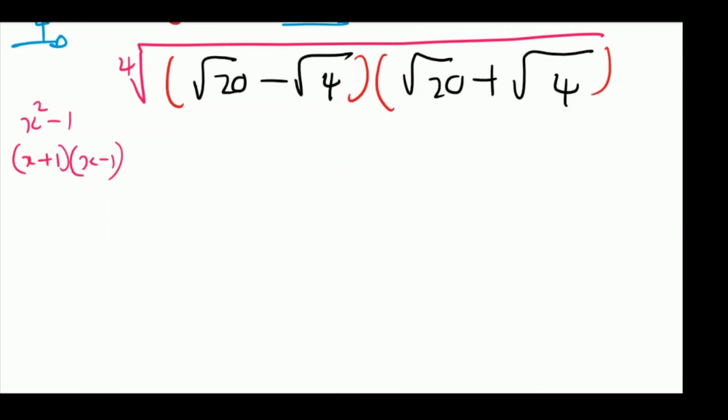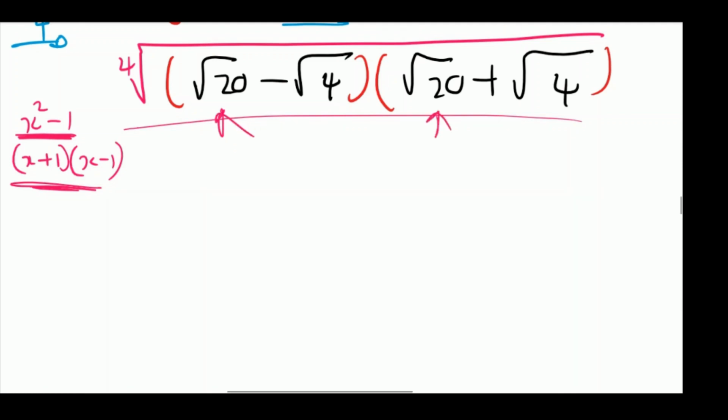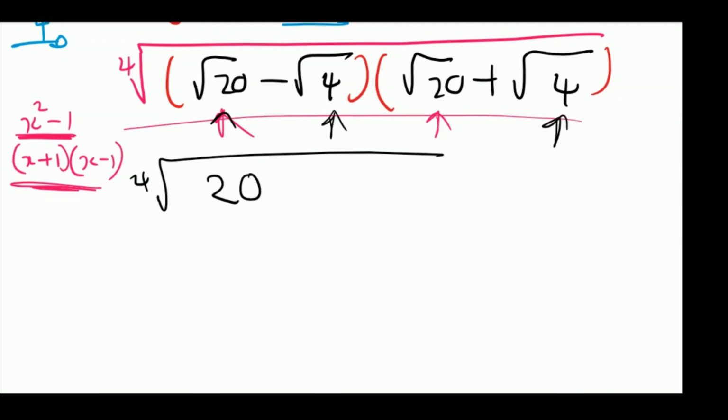So as you can see, this expression is factorized the same way as this one. We just need to find solutions as a difference of two squares. So you're just going to multiply this with this, and we're going to get the fourth root of, so when you multiply a root of 20 and a root of 20, you're just going to get 20, and then you're just going to multiply the root of 4 and the root of 4, and you're going to get 4.